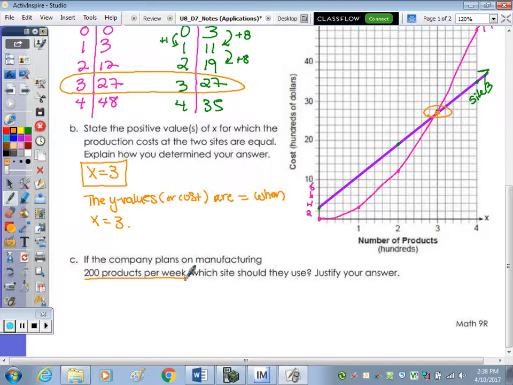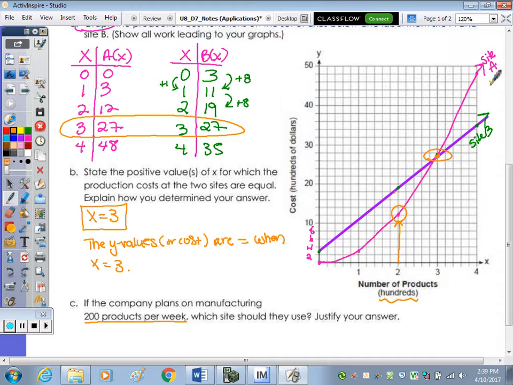If you go over to the graph, here's the number of products. Again, we're in terms of hundreds. So this is your 200. So should they use site B, or I'm sorry, that's A. I gotta look up here. Should they use A or B?